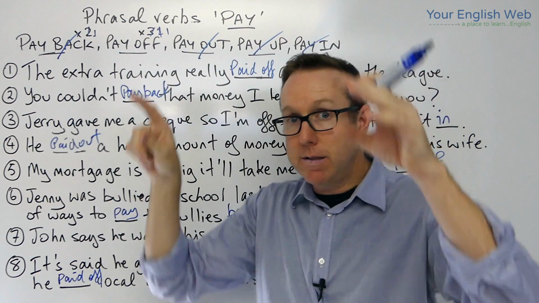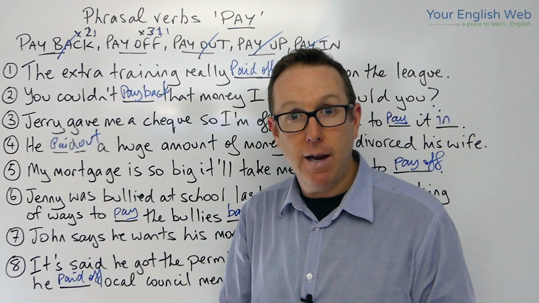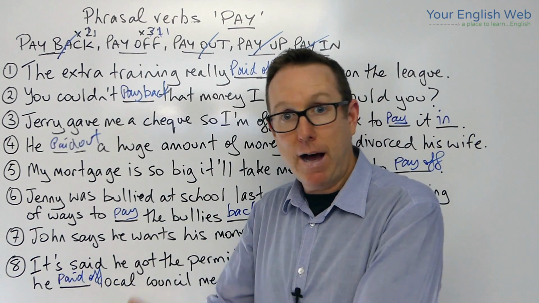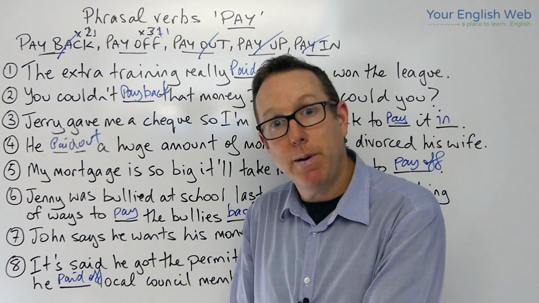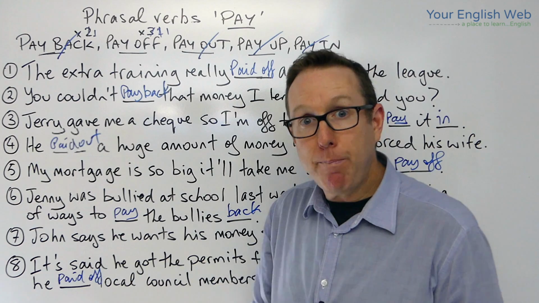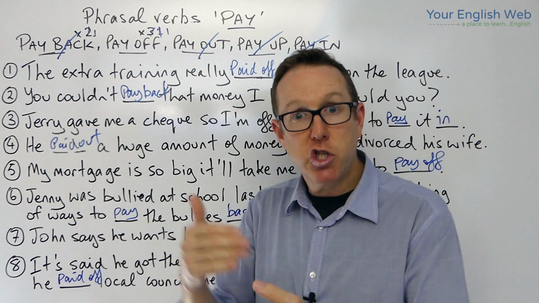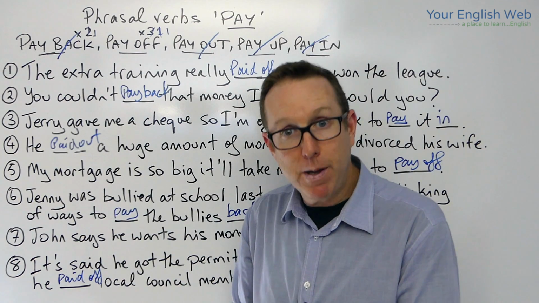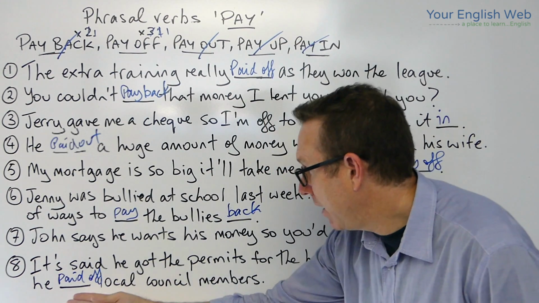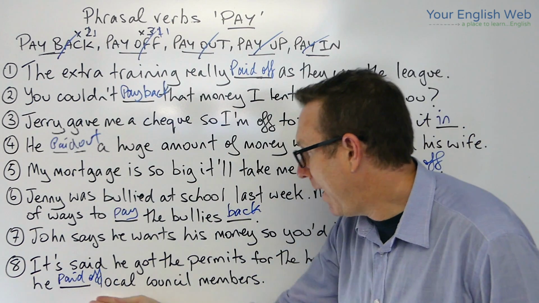The man wanted to build a hotel, okay? But the planning regulations maybe were against him. Maybe he wasn't allowed to build a hotel where he wanted to build a hotel. But he got the permits because he paid the councillors off. He gave them money in exchange for permission to build the hotel. Corruption, bribery. He paid them off. So we'll cross this last one off as well. So he paid them off.